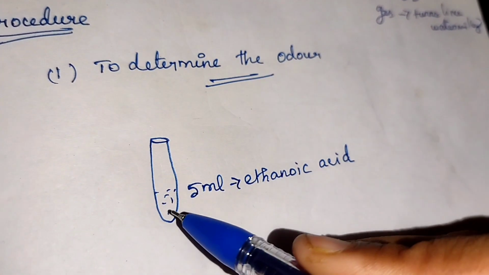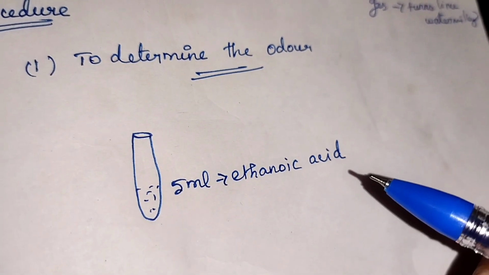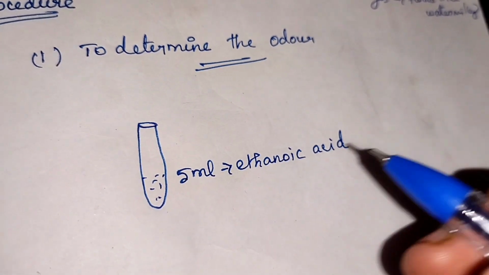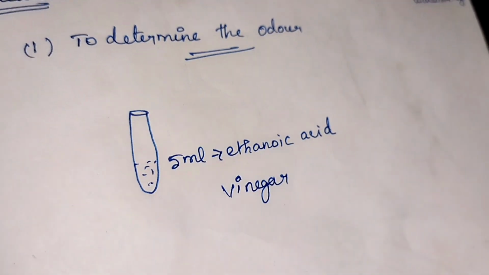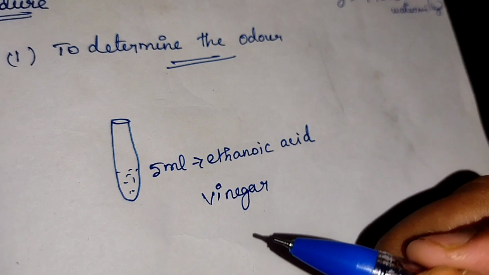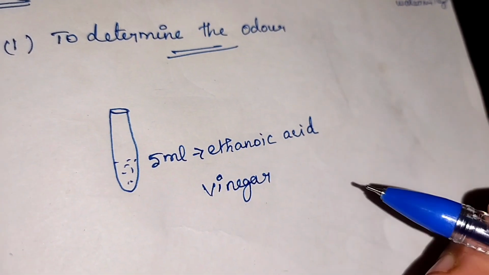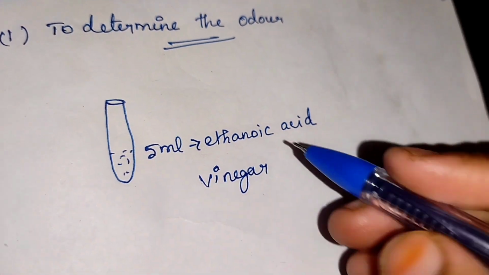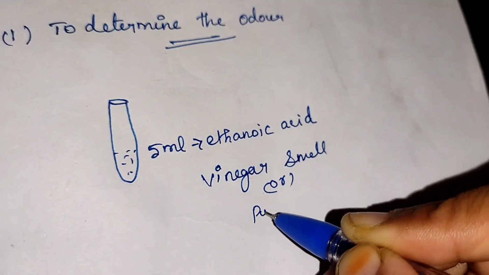Afterwards, I just bring this test tube near my nose and check the smell. What smell comes? Vinegar smell. A pungent smell comes. So finally I determined the odor of this ethanoic acid. It's a vinegar smell, or pungent, we can say.